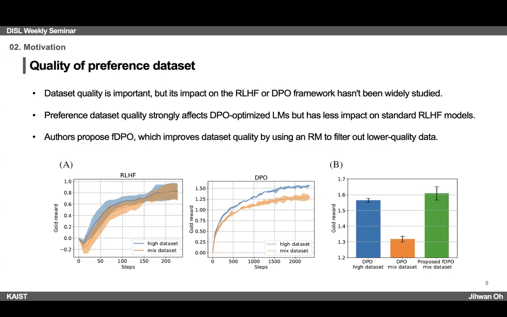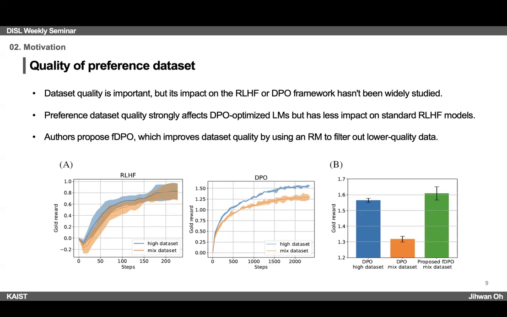For example here, Figure A shows the performance variation of RLHF and DPO. The blue line shows the model performance training with a high-quality dataset. And the orange line shows the model performance training with a mixed-quality dataset. RLHF is robust to dataset quality, but DPO is sensitive.